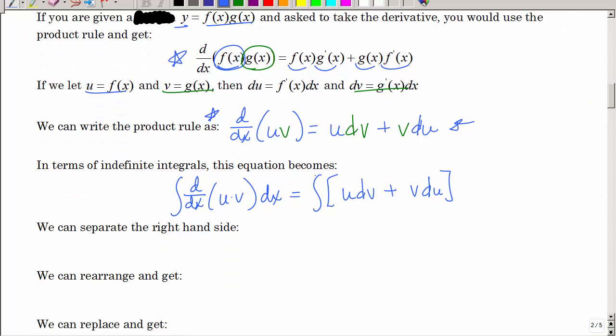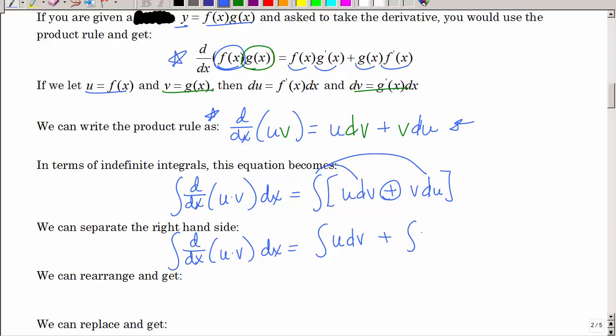We also learned that since we have addition, I really can rewrite that as two separate integrals. So again, we'd have the derivative with respect to x, and this would equal the integral of u times dv plus the integral of v times du. Now I know that looks kind of strange, but again, we're trying to derive a formula.